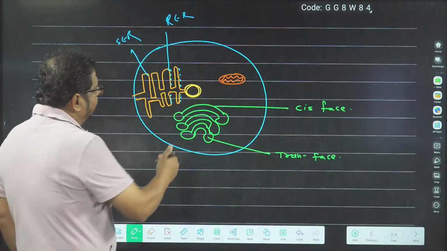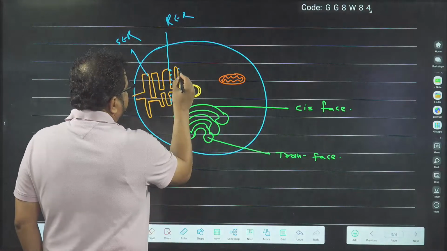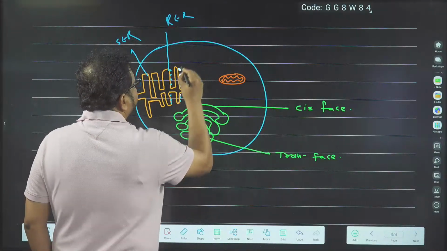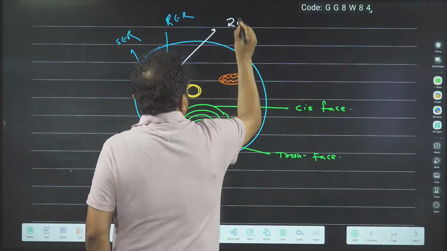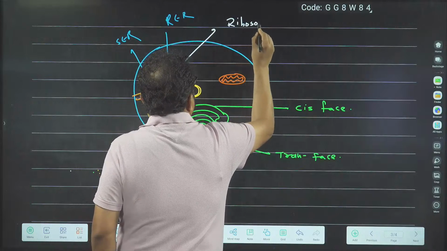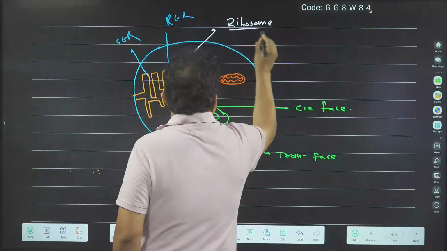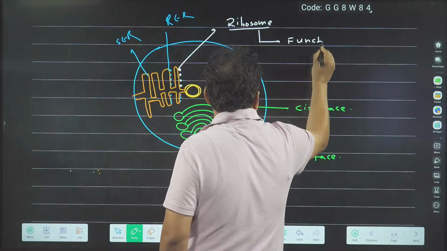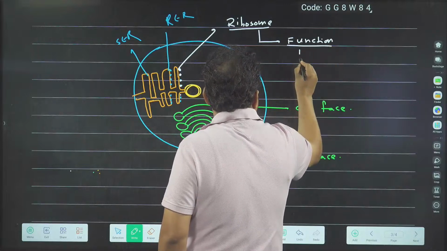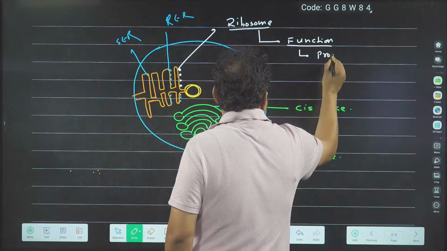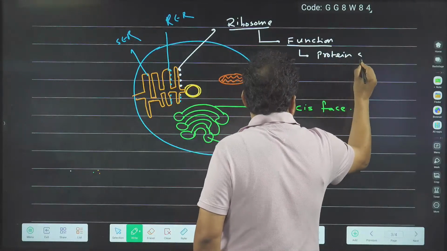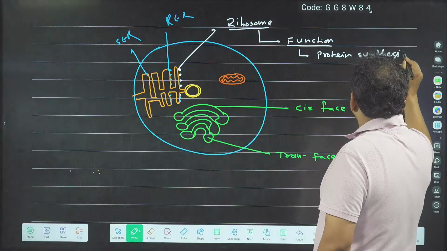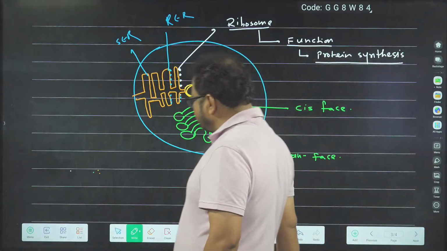Now give your attention to what is happening here. This is ribosome. Ribosome is a cell organelle. What is its function? A one-liner function I am writing: the function of ribosome is protein synthesis.